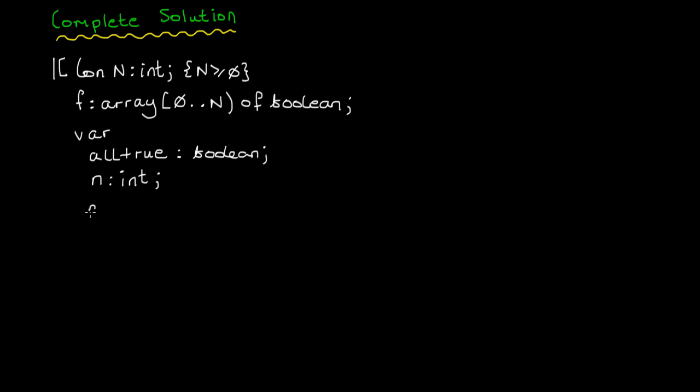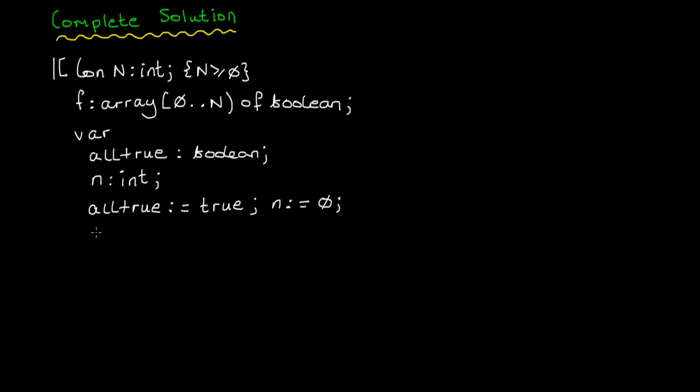So we know that allTrue from our derivation was initialized to true. And I'll just do our initializations on one line here. And n was initialized to 0.